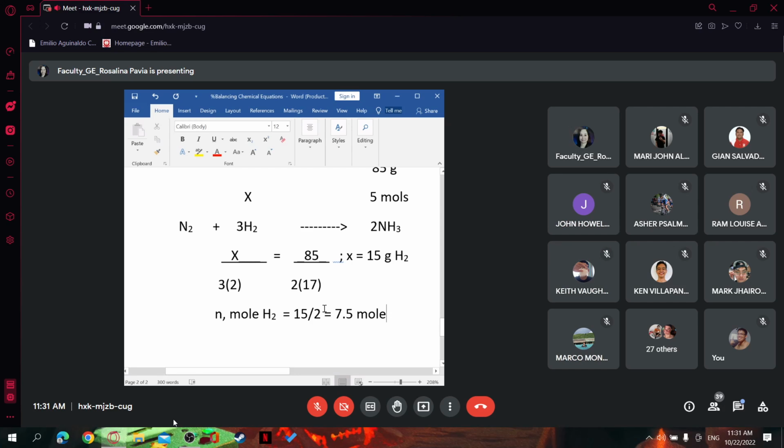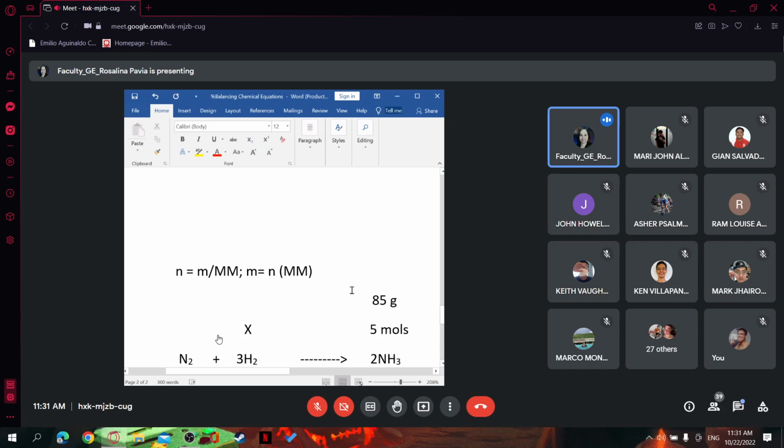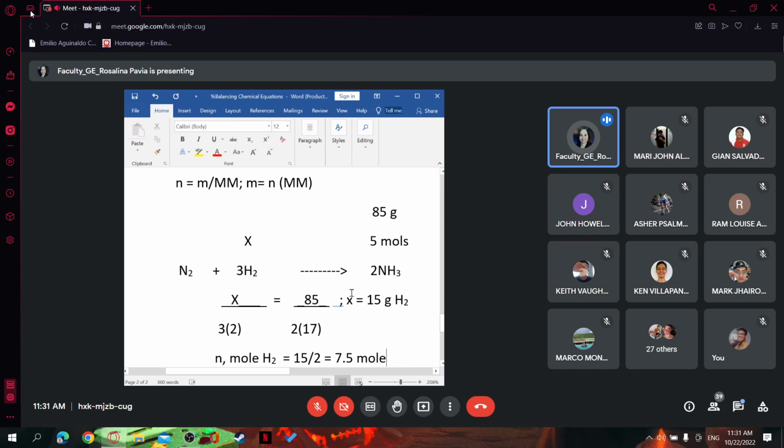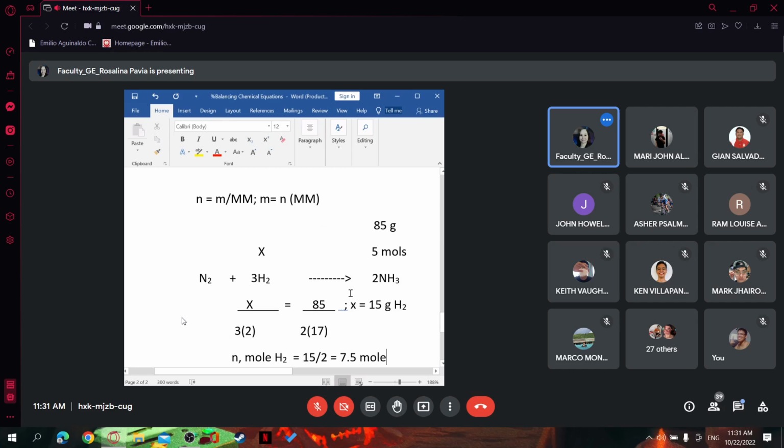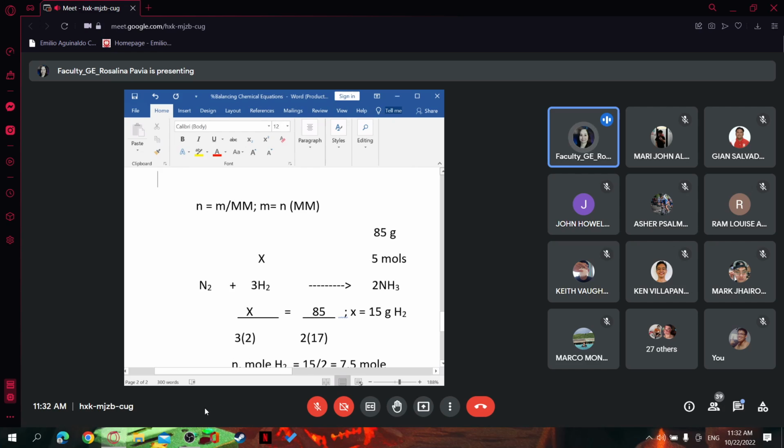Okay. Pareho lang siya, di ba? Pareho lang. Pero mas mahaba yung computation nito. Kung nalilito kayo kung ano yung magka-cancel out by dimensional analysis, gamit kayo ng mas formula.